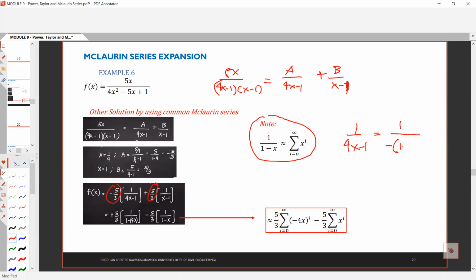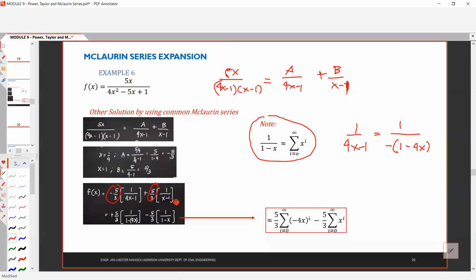Negative 1 over 1 minus 4x. Okay? So, negative times negative, that is positive. So, nire-write natin yung 4x minus 1 into negative 1 over 1 minus 4x. So, since negative times negative, magiging positive 5/3 na to.